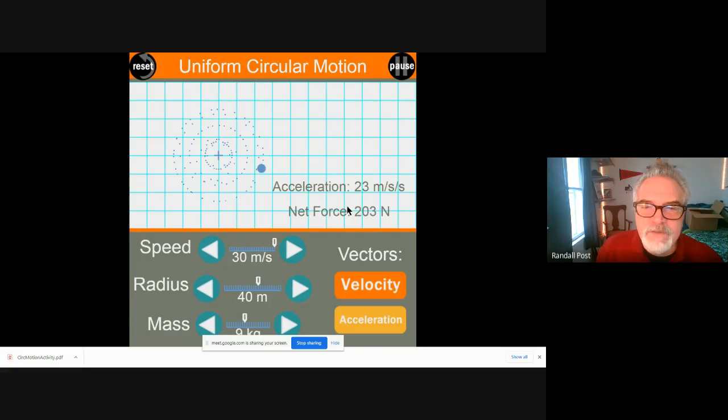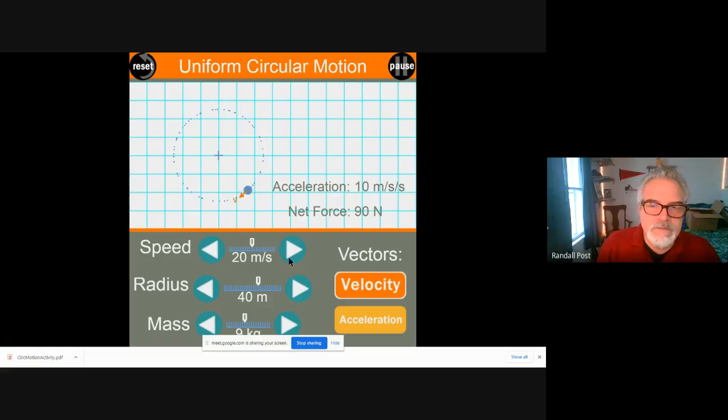So I'm going to have you look at how these things affect the force and the acceleration. Let's look at vectors. When you turn on velocity vector, you can see here the direction of the speed at any given moment. Velocity vector shows both speed and direction.